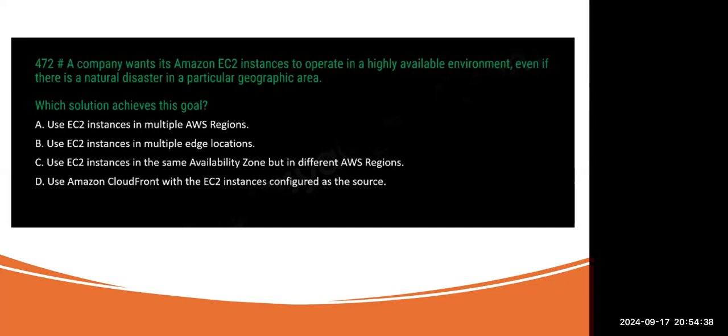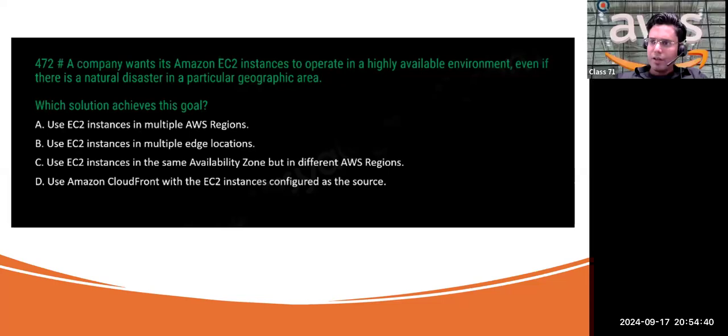First one, A or B? A, yeah, correct. Use EC2 instances in multiple AWS regions. If one region goes down, geographic area means region. If one region goes down, we have a different one. Edge location has nothing to do with geographic area. Basically, it's for caching. Availability zone, but the same AZ, nothing makes sense. And CloudFront in EC2 configure, no.